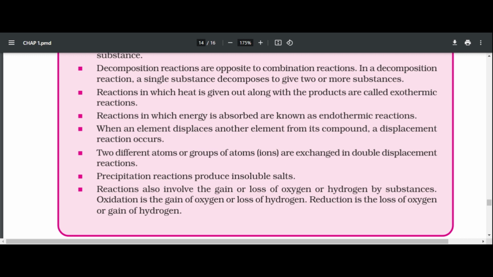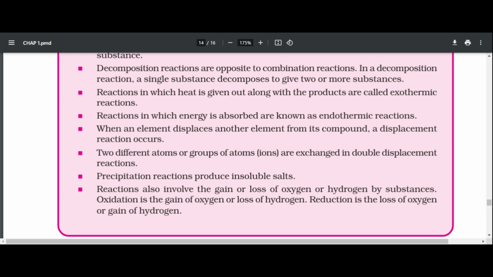Reactions in which heat is given out along with the product are called exothermic reactions. Reactions in which energy is absorbed are known as endothermic reactions. When an element displaces another element from its compound, a displacement reaction occurs.